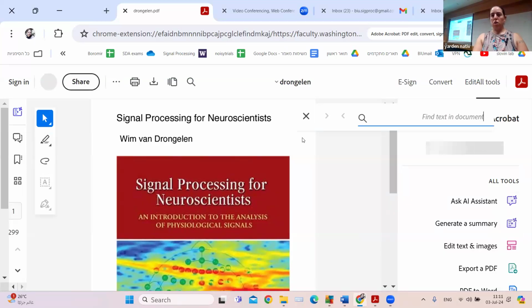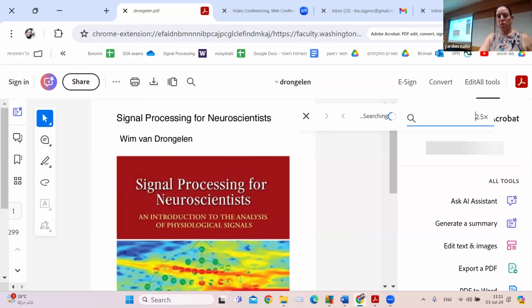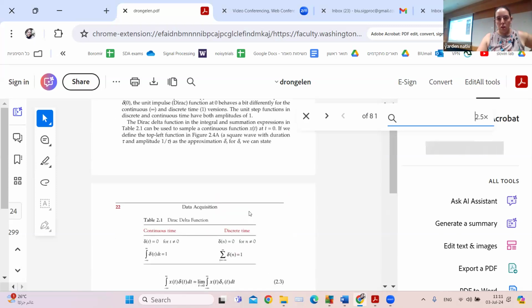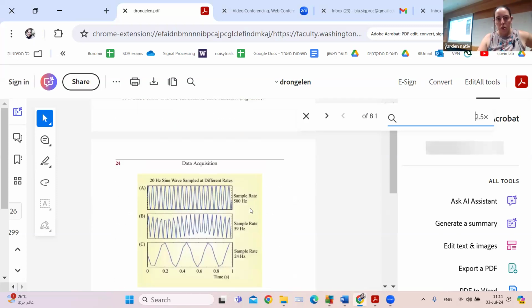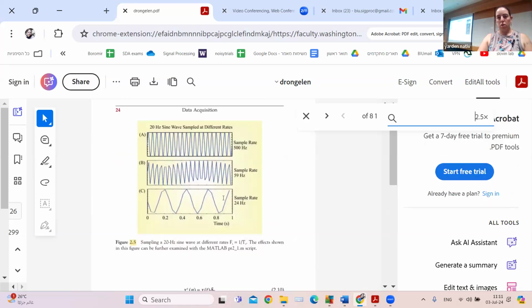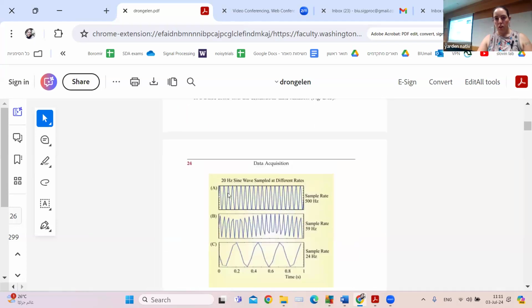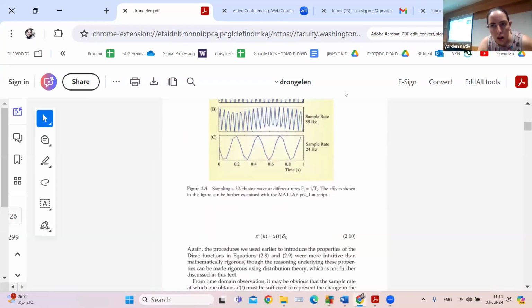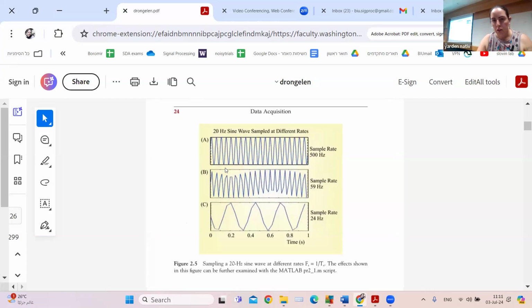So figure 2.5. I think it was here. Okay, so you can see here. I want to have it bigger.